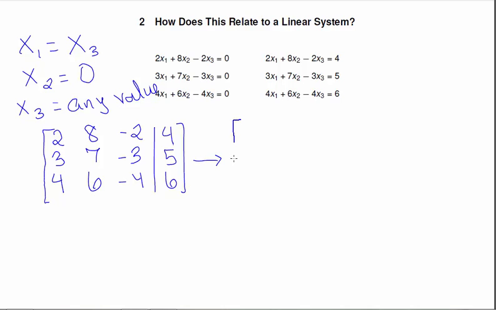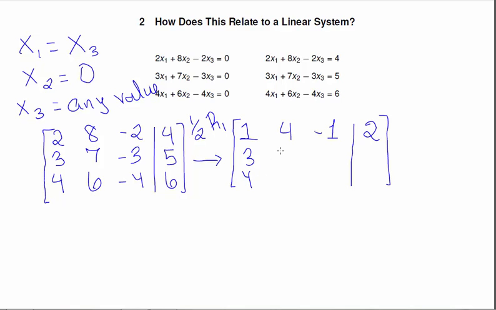We want the 1 in the first row, first column, so we will once again multiply by 1/2. This gives 1, 4, minus 1, 2. Second and third rows will be left alone for now.